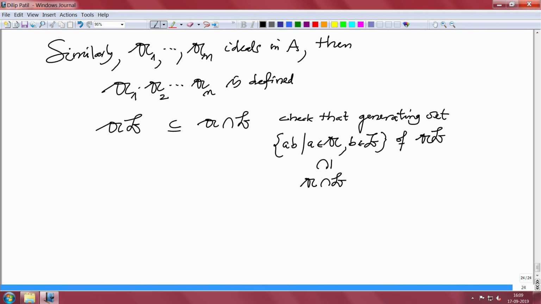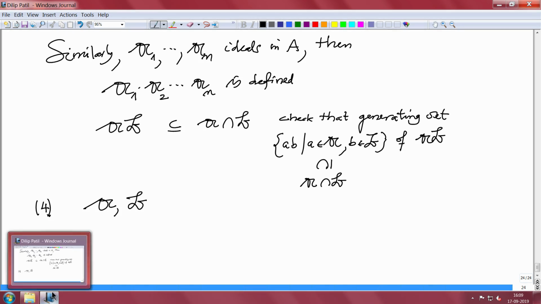Now, one more operation which I want to introduce now, because later on we may not have an appropriate place. If I have two ideals 𝔞 and 𝔟, this definition which I am making is an analog to division.